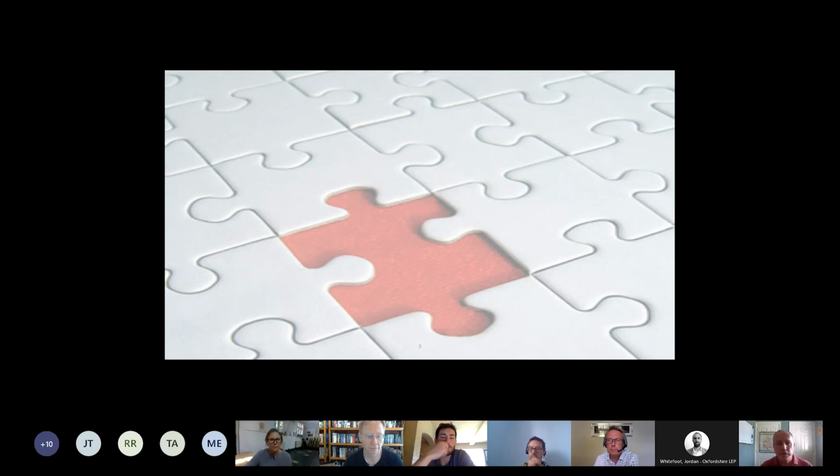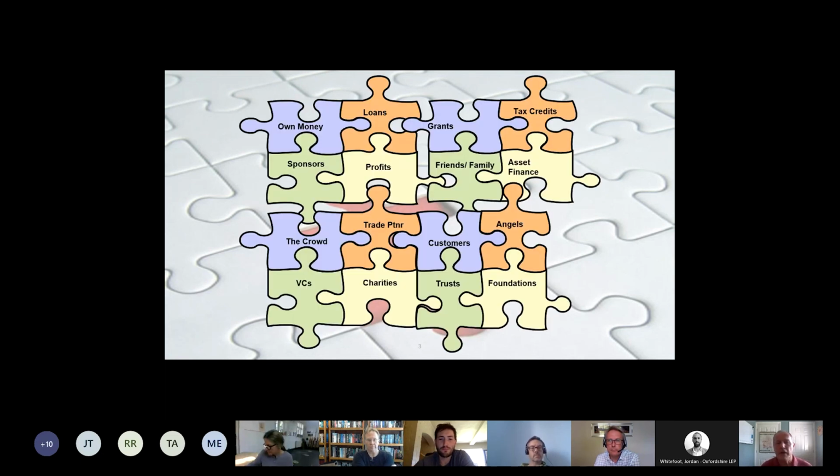Just a picture of a jigsaw puzzle, because putting together your funding strategy for your innovation is very much, in my mind, like putting together the pieces of a jigsaw puzzle. The sources of funding for innovation are many and varied. Now, don't worry, we are not going to go into all of these aspects.